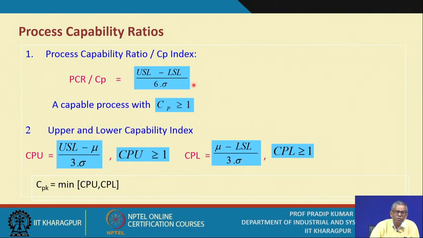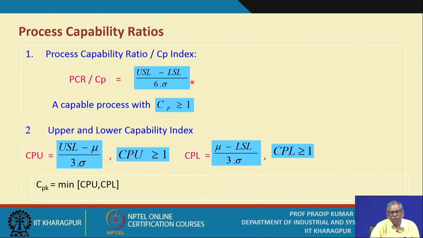If it is a single specification limit case, either upper or lower, an upper specification limit means the quality characteristic is such that its value must not cross some upper limit. Like the temperature of the oven must not cross, say, 1200 degrees Celsius. So, any technically feasible value less than 1200 degrees Celsius is acceptable to you. That is the upper specification limit case.